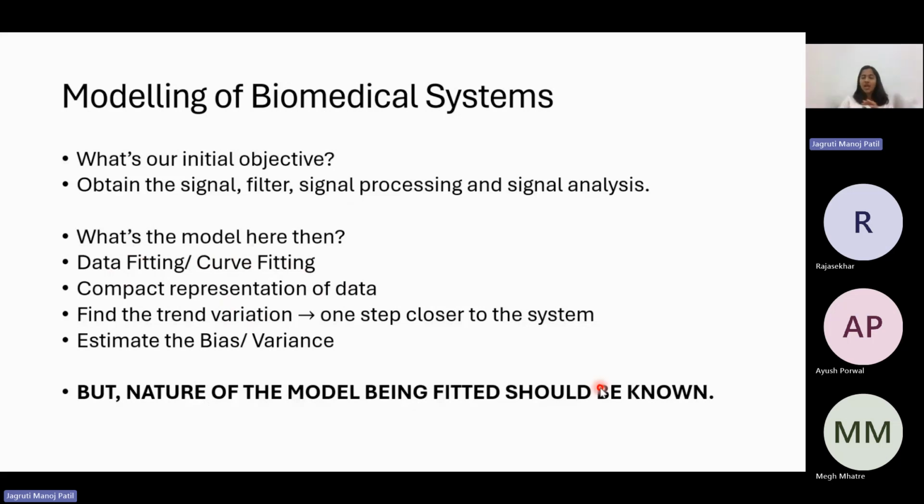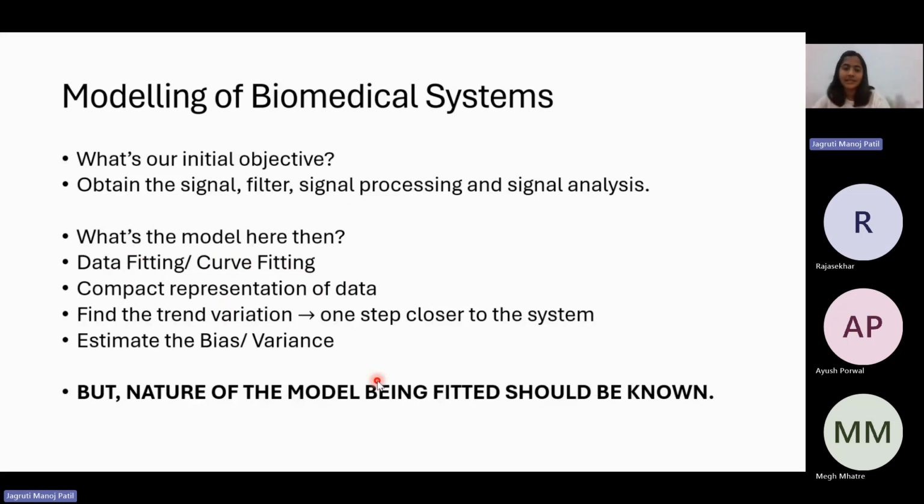You actually need to know what physical parameters are involved, or what particular significance this model adds after you fit it to your data. It should not always be that I have this code and this data, so I'll just plot this data and fit it to the model that I have.